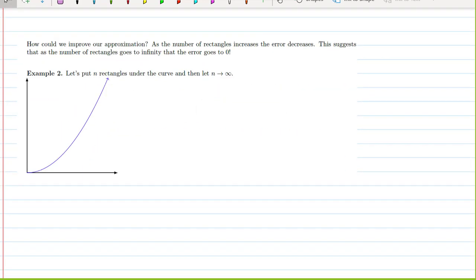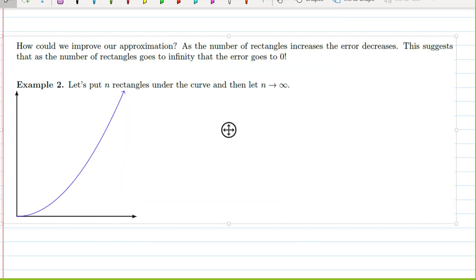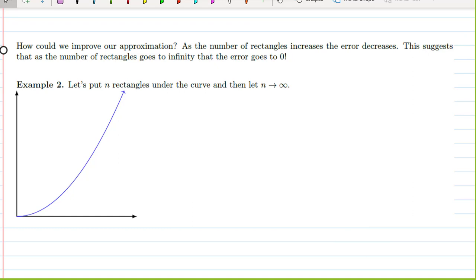Since we know that the more rectangles we use, the better the approximation gets, why don't we try this? If we let the number of rectangles n go to infinity, then the error in our approximation would have to go to 0.